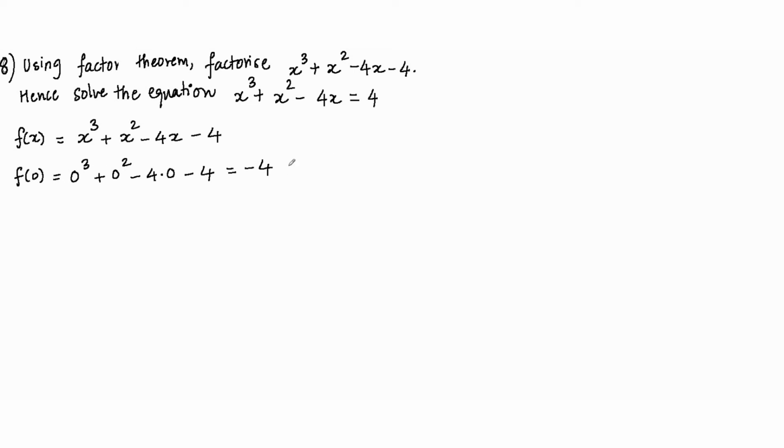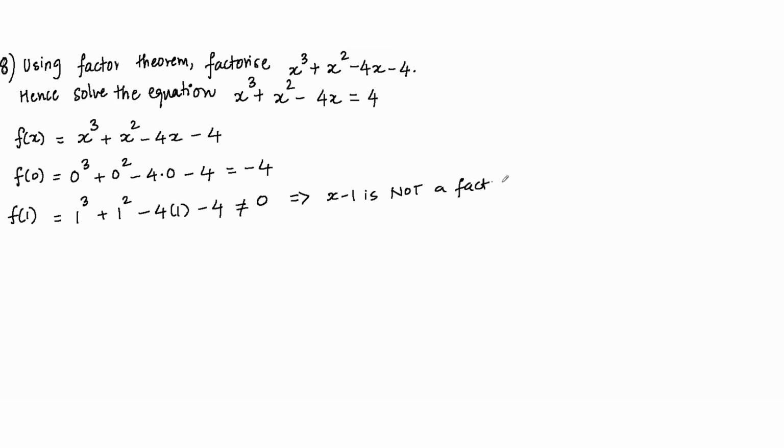And since f of 0 is not equal to 0, we cannot conclude anything. Now let's take f of 1. So f of 1 is 1 cube plus 1 square, minus 4 into 1, minus 4, which is again not equal to 0, right? And therefore, because it's not equal to 0, I can say that this implies x minus 1 is not a factor, right?